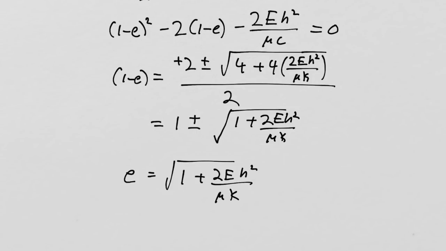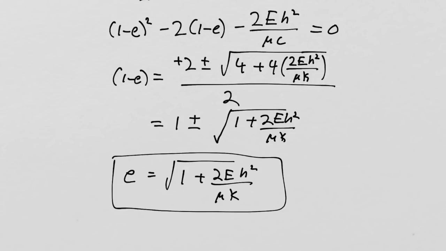I guess what we're going to do is keep the minus 1, the negative 1. And there you have it. There you have the eccentricity as a function of everything that's known about the problem. The angular momentum, the initial energy, which is constant, the initial angular momentum, which is constant, the strength of the potential, which is kappa, and mu, the reduced mass.